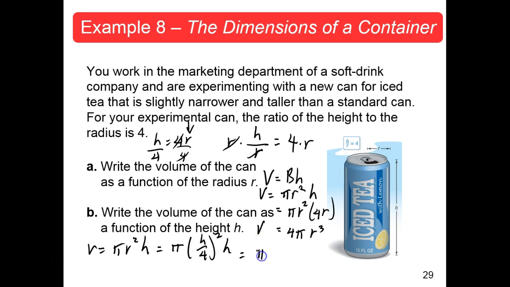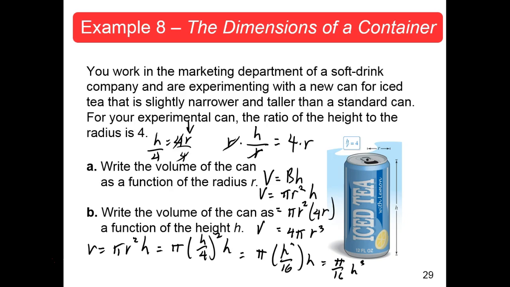Okay, I like pi. Okay. Say again? Okay. Please excuse my dear Aunt Sally. Remember, that would be H squared over 16 times H. And that would be pi over 16. There's your number part, H cubed. Yeah, that's it. So there's your volume as a function of H alone.